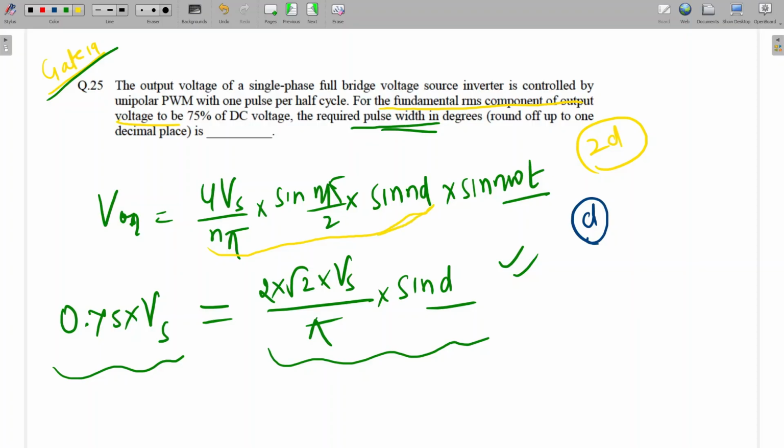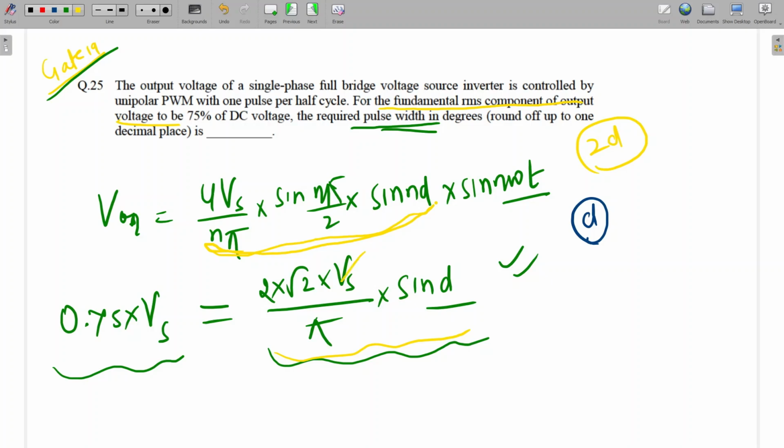Peak value divided by root 2 will be the RMS value. N will be 1, then it will be fundamental. So I kept N is equal to 1 and divided by root 2. So this is the RMS value of the fundamental. Is it clear? Yes, sir. Clear.